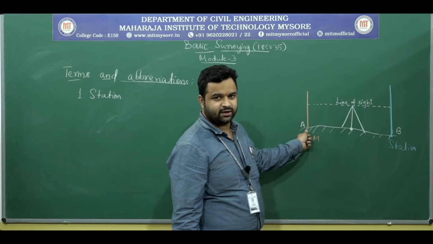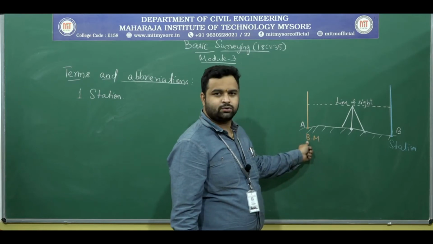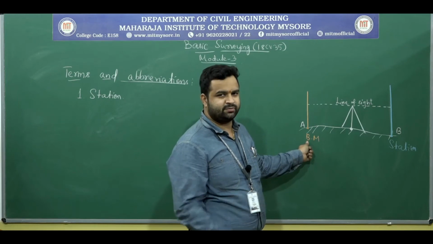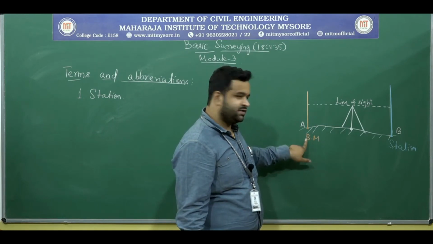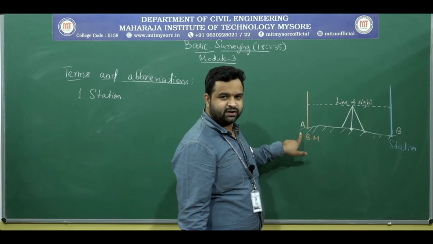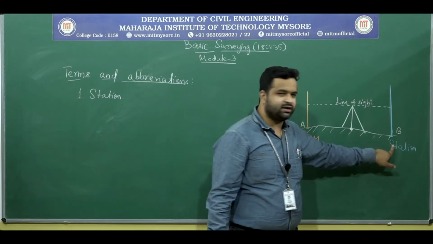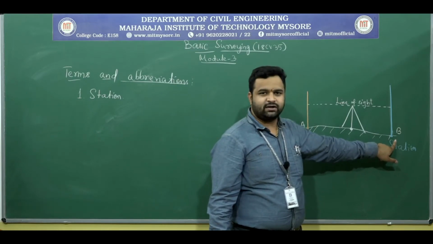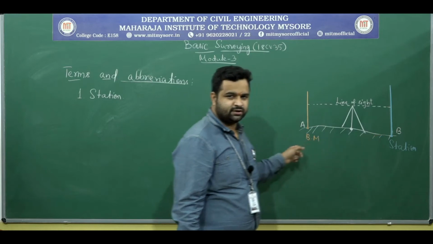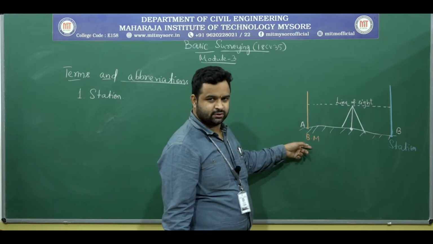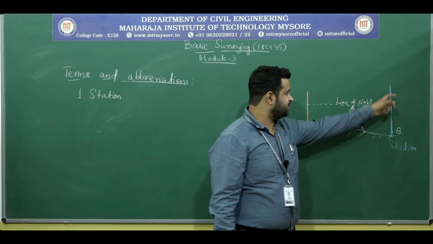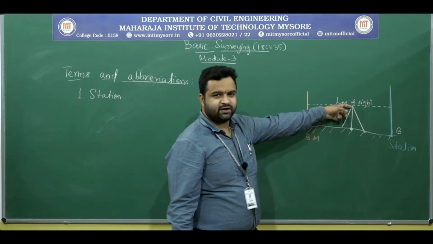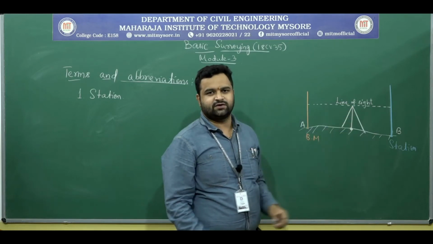We know what a benchmark is, right? Benchmark is a point whose elevation is known. This may be either a temporary benchmark or a permanent benchmark. So the elevation of the benchmark will be known. Taking this as a reference, we may calculate the elevation of the next point. That is, we can calculate the elevation of station B by using the benchmark as a reference. So what you will do is keep a staff vertically at B, bisect the staff reading from the instrument and get the staff reading.